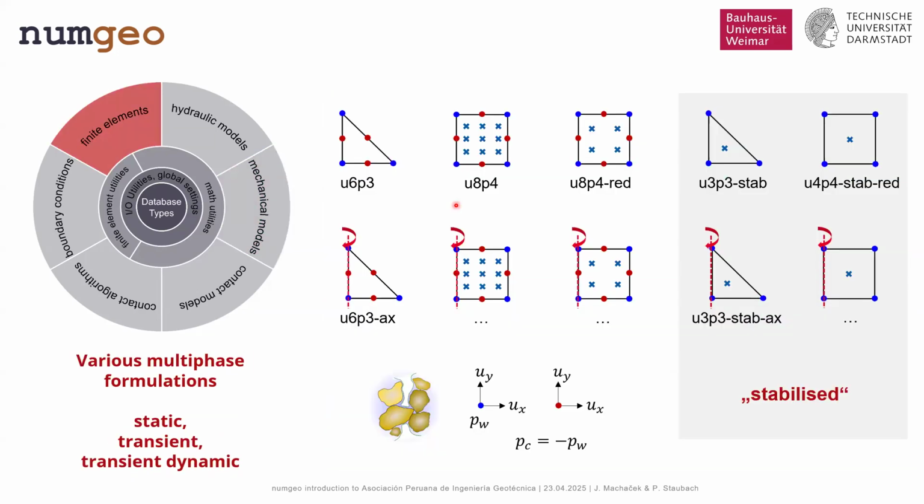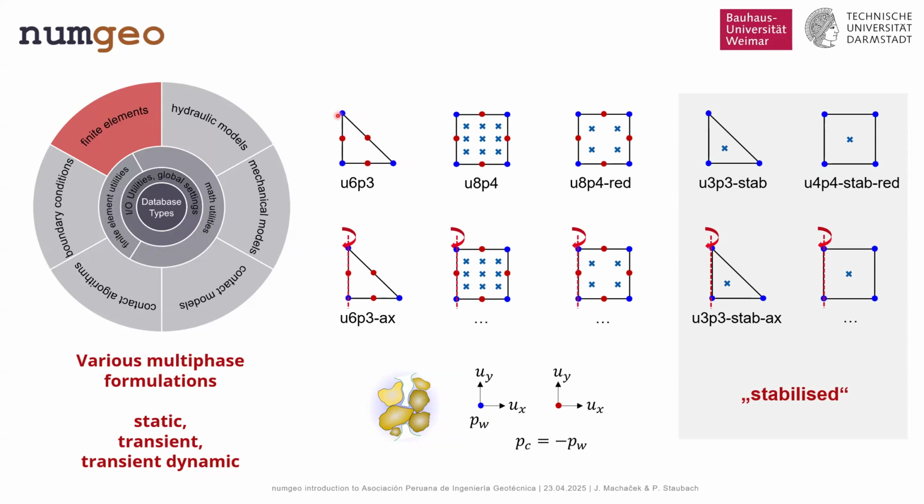Whenever you have coupled element formulations, so you discretize not only the displacement of the solid, but also the pore water pressure or the pore air pressure, usually you have some requirements for stability to fulfill. For that, we have implemented Taylor-Hood formulations, where you discretize the pore water pressure, for example, only at the corner nodes, and the solid displacement at all 6 nodes.